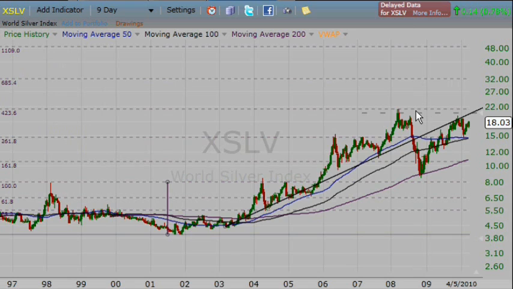That's the way I would see markets working. I'm not saying it's going to pull through it. It's something you want to look for when you get towards those key Fibonacci levels.